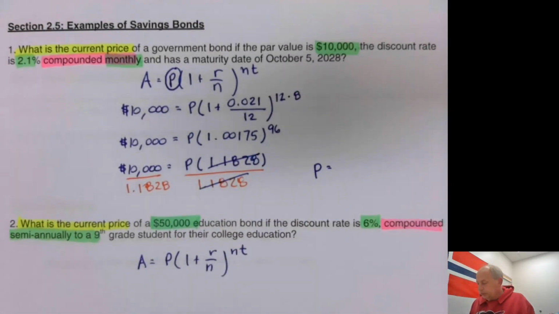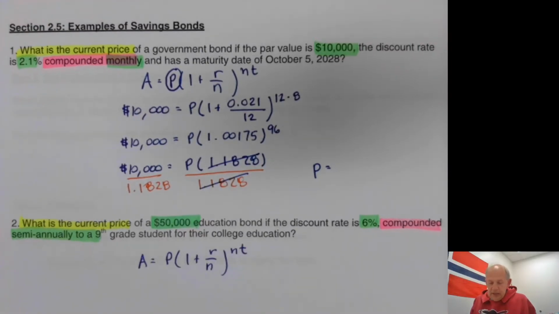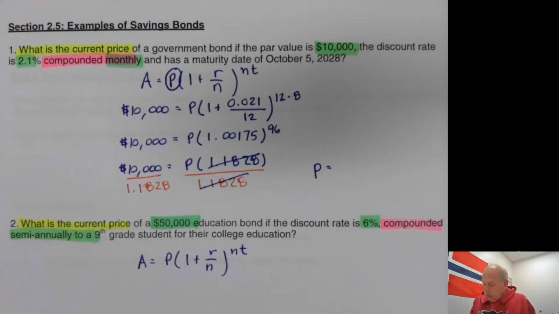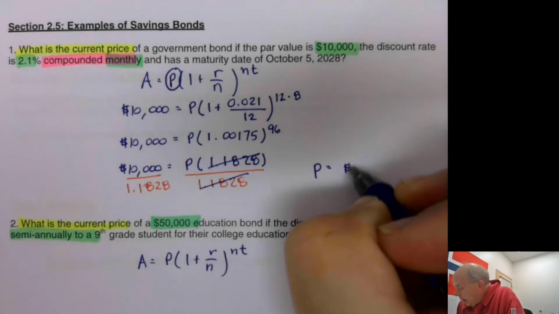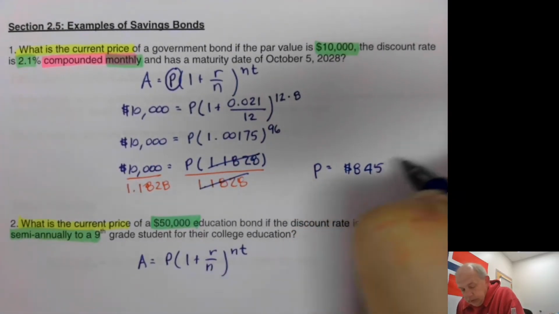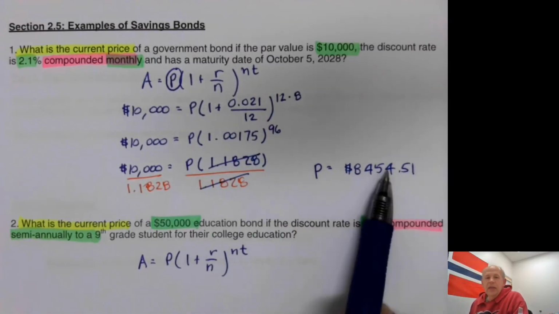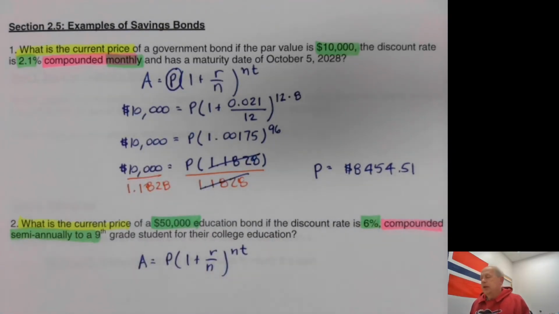My P, when I divide 10,000 by 1.1828, I'm going to get a value of $8,454.51. That's how much the bond is worth today. That's how much I would have to buy the bond for, and it would grow to $10,000 in the future.